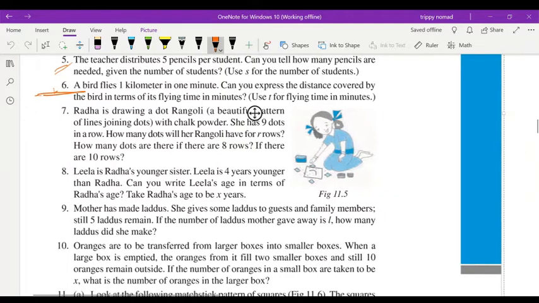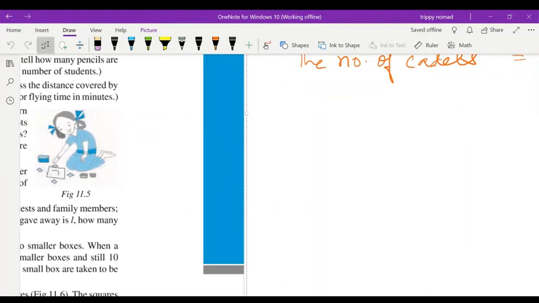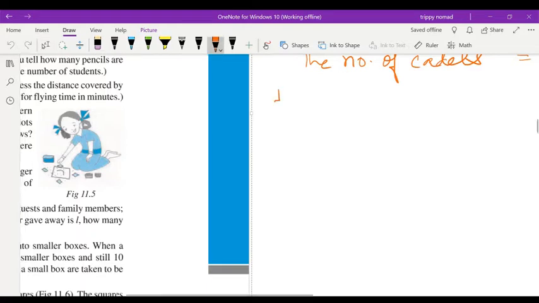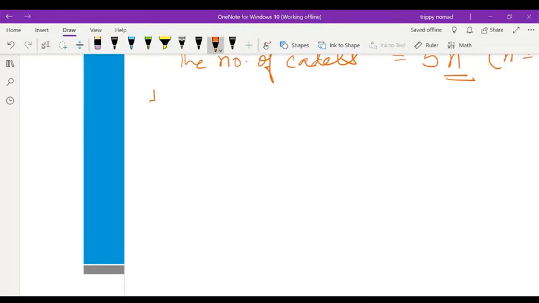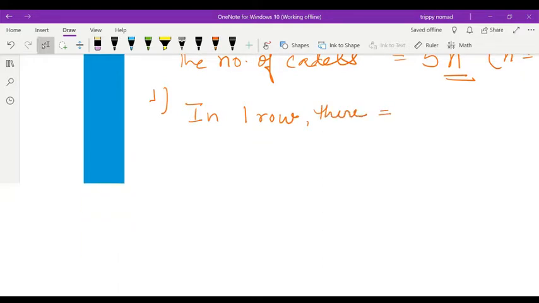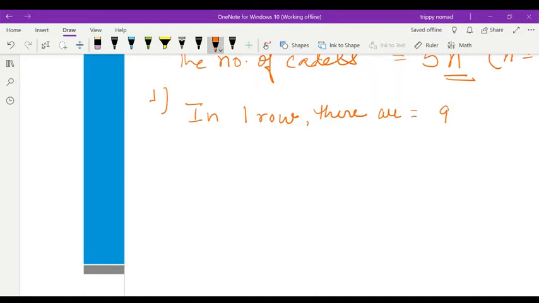So first, in one row there are 9 dots. In one row there are 9 dots.